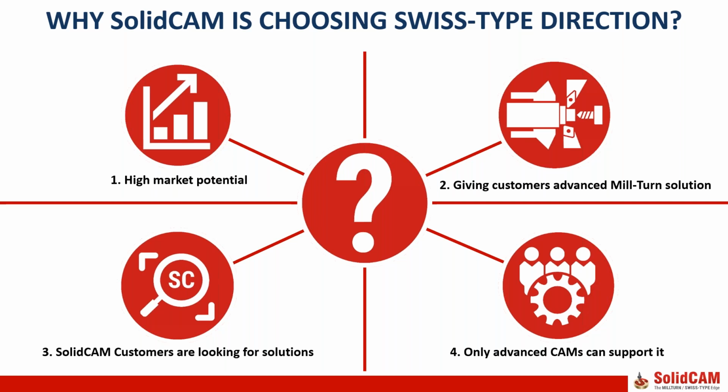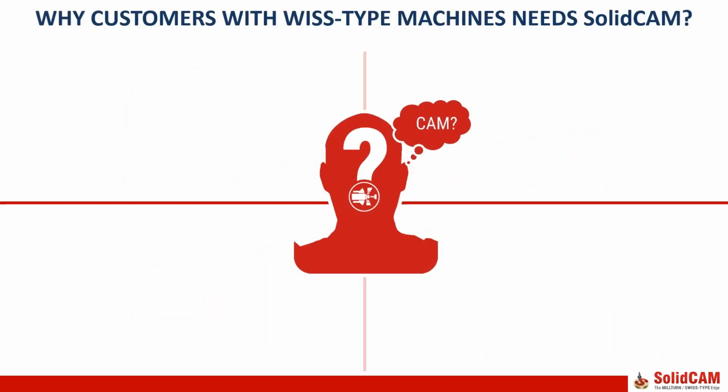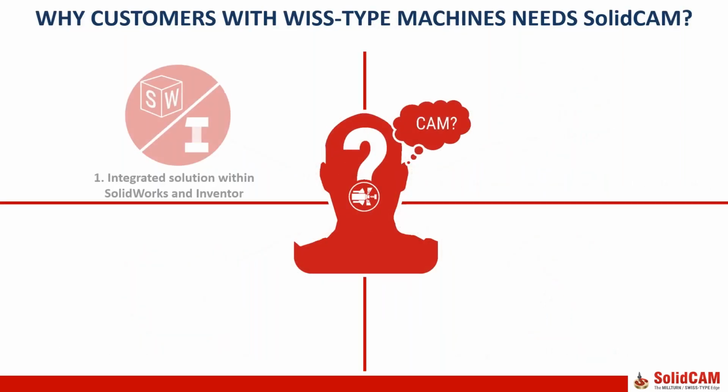It's also a marketing issue. Yes, we can do this. Which system can claim the same thing? And these customers really need us. If they have these types of machines, they need us.